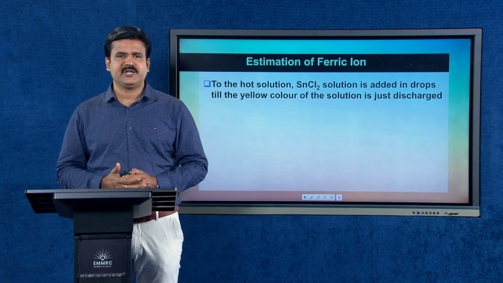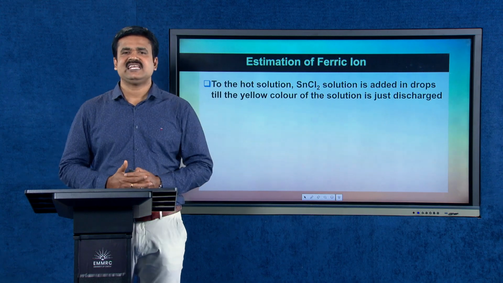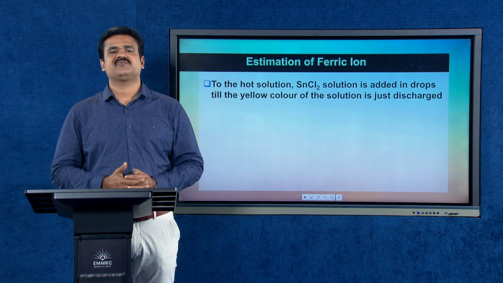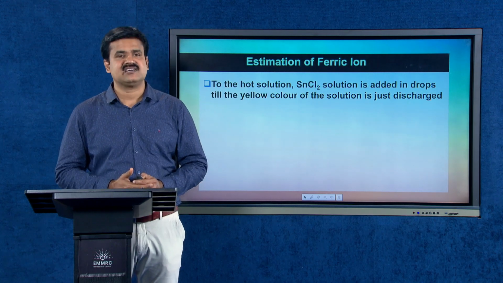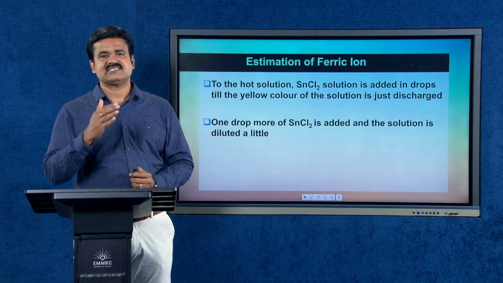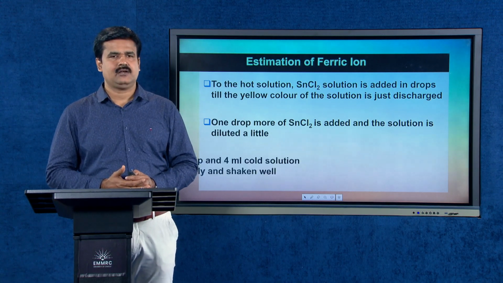The procedure is continuing. To the hot solution, SnCl2 solution is added in drops till the yellow color of the solution is just discharged. 1 drop more of SnCl2 is added and the solution is diluted a little.